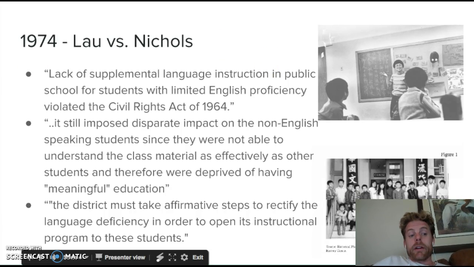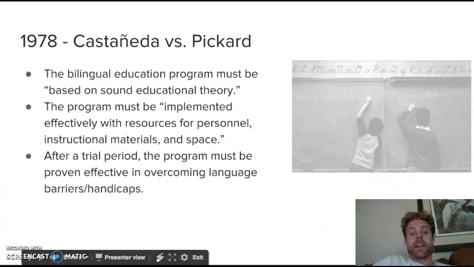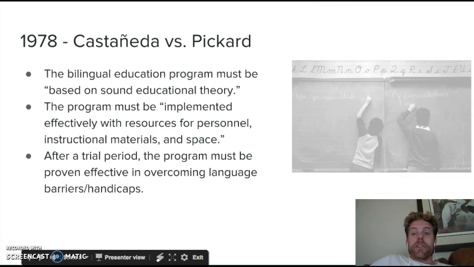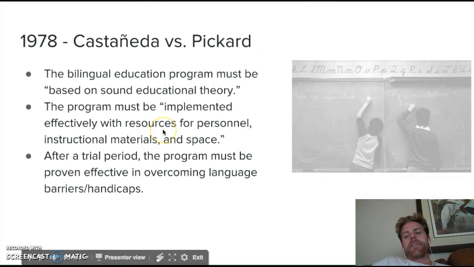A little bit later, 1978, Castaneda versus Pickard said, no, you can't just offer these programs, but these programs actually have to be kind of good, and you have to have a way to assess these programs and see if they're actually achieving what they're supposed to be achieving. So Castaneda versus Pickard, this actually isn't on the list, but it kind of gives the teeth to the Lau versus Nichols.